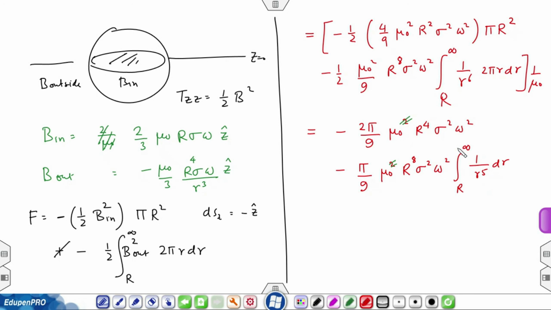You calculate all this, and this comes out to be minus pi by 4 mu 0 r raised to 4 sigma square omega square, which is the same answer as obtained earlier.